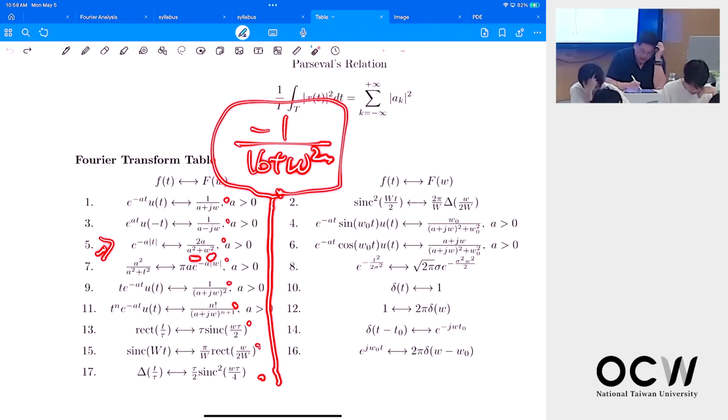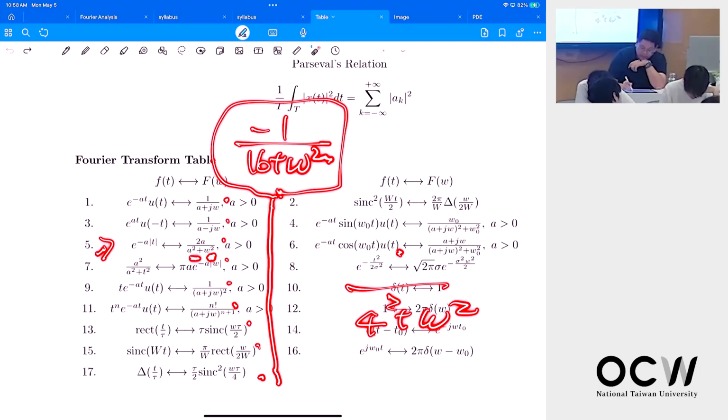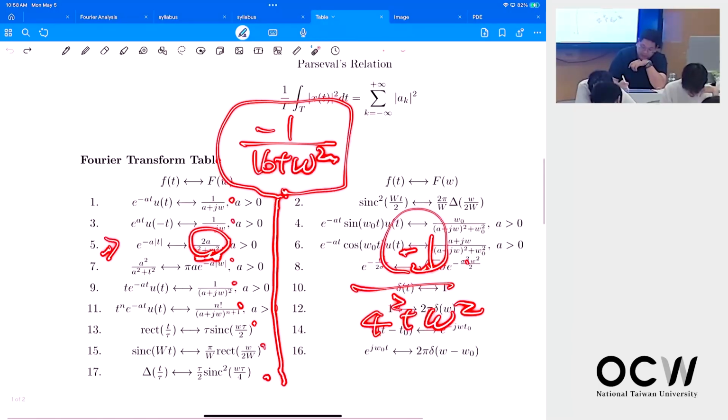Okay. Then, what is my a? A will be 4, right? So I need 4 squared plus omega squared. And then this is minus 1. But I need 2a, which means I need 2 times a. I need 8 here. Correct?